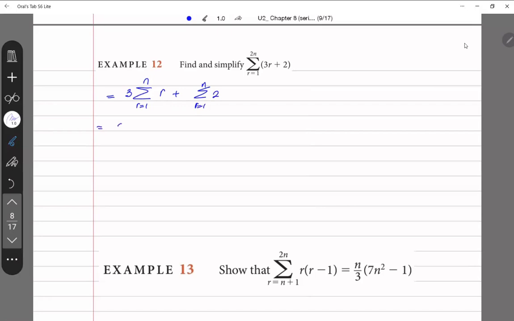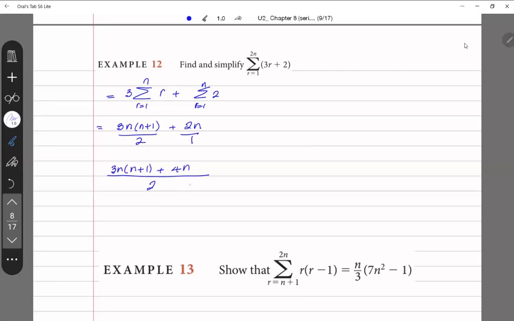This becomes 3 times what? n into n plus 1 over 2 plus 2n. Put this over 1. The LCM is 2. 2 into 2 is 1. 1 times 3n into n plus 1, sorry. So this is 4n.